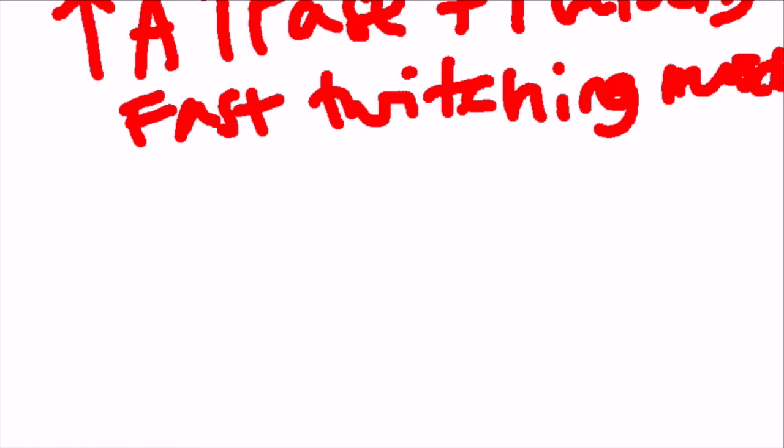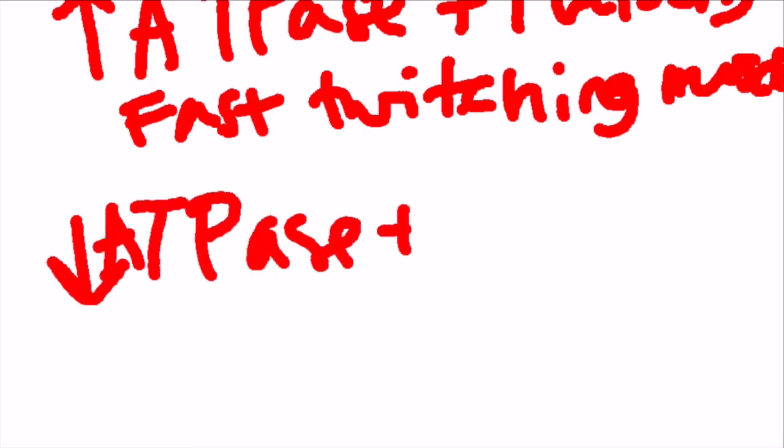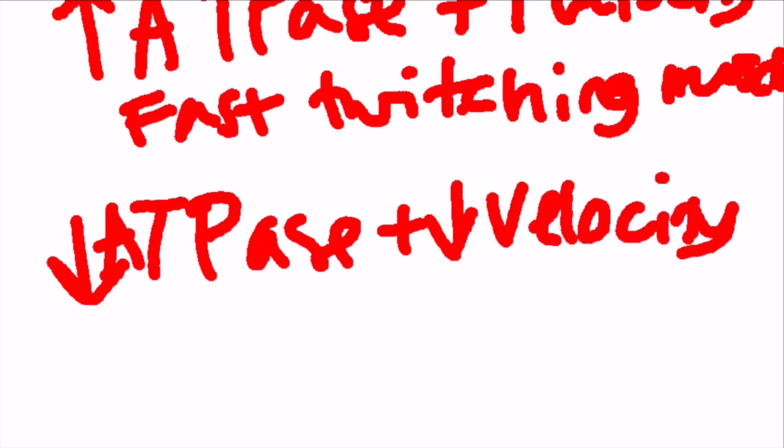The opposite is true in that if ATPase capabilities are low and velocity is low, then we have a slow twitching muscle.